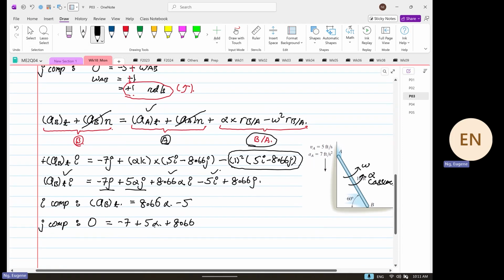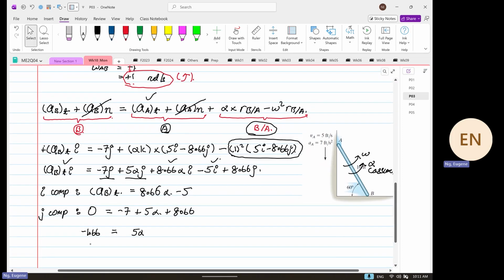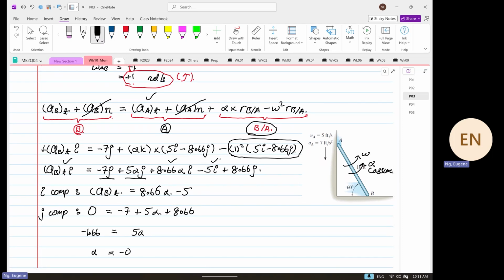So we have 5 alpha will be equal to minus 7 plus 8.66. So it's equal to minus 1.66, right, because you bring over. Then alpha is equal to 1.66 over 5, that is minus 0.332, and this is in radians per second squared.